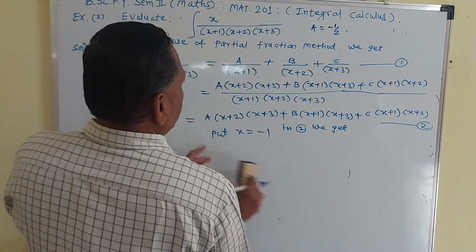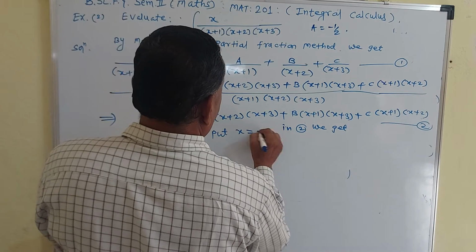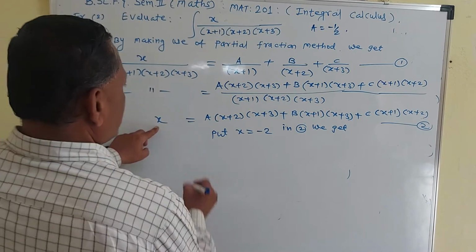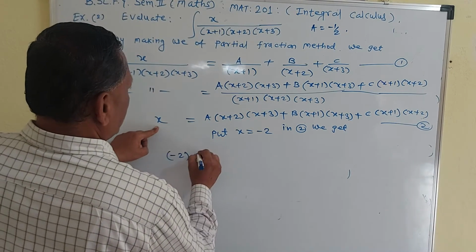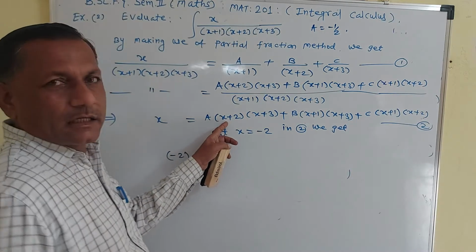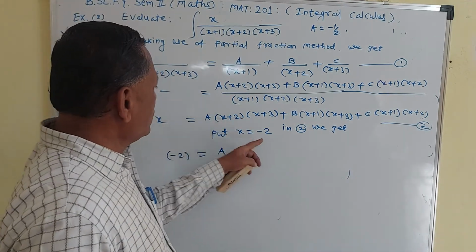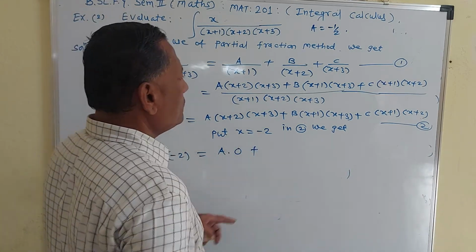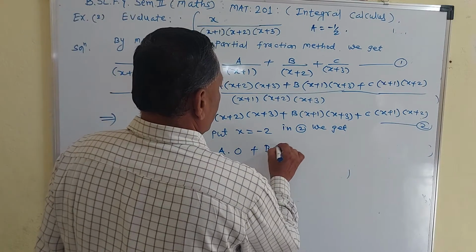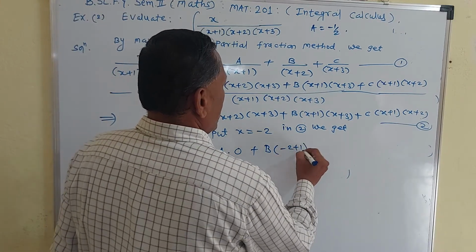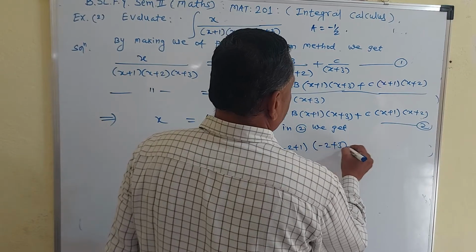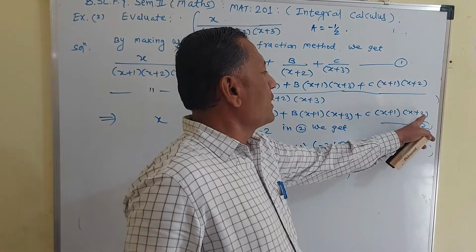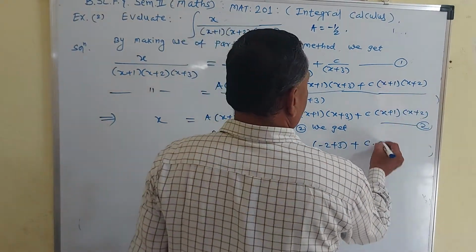Next, put x is equal to minus 2 in equation 2. Then minus 2 is equal to a into x plus 2, which for x equal to minus 2 is minus 2 plus 2, 0, therefore a into 0, plus b into x plus 1 into x plus 3, that is minus 2 plus 1 into minus 2 plus 3, plus c into x plus 2, which is minus 2 plus 2, 0, therefore c into 0.